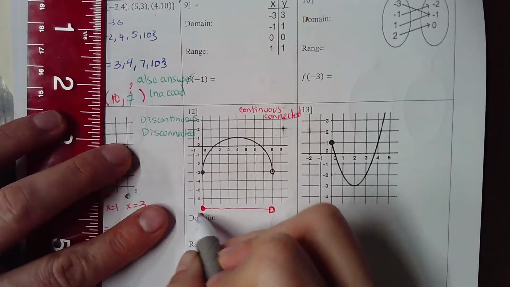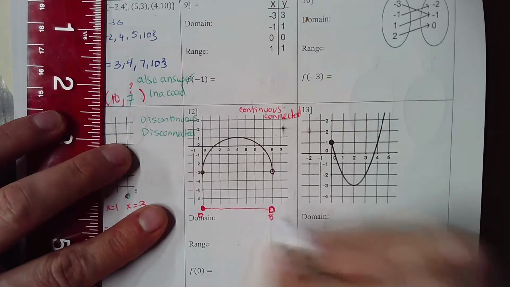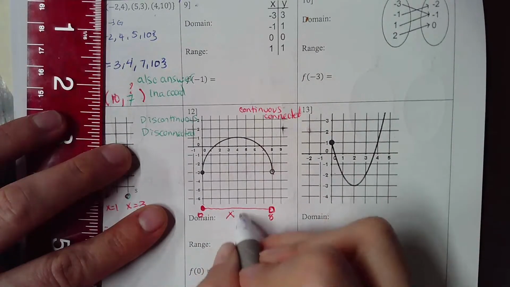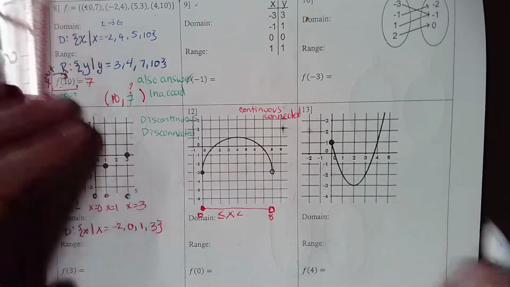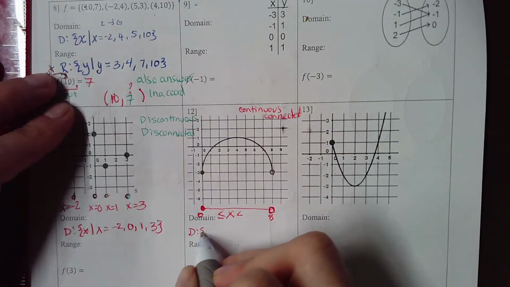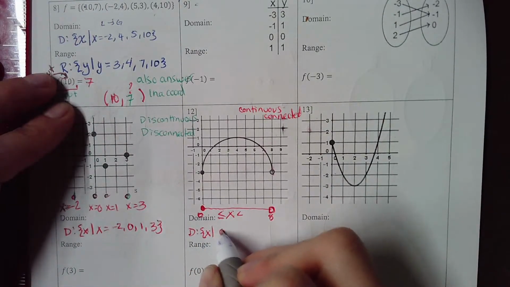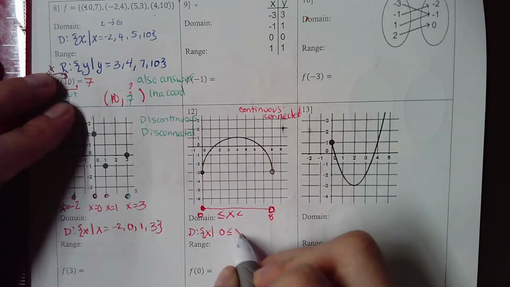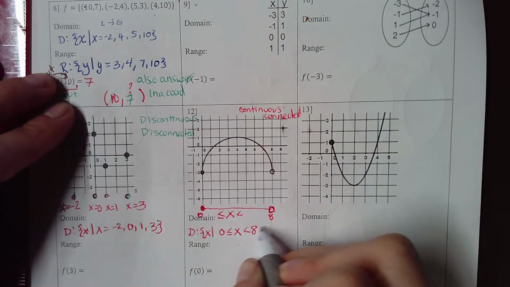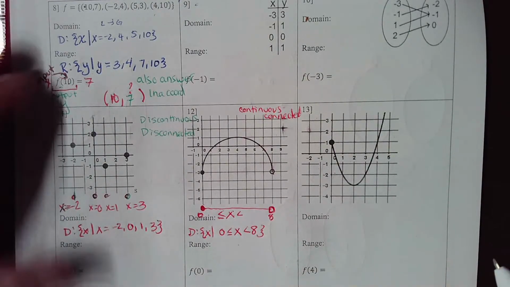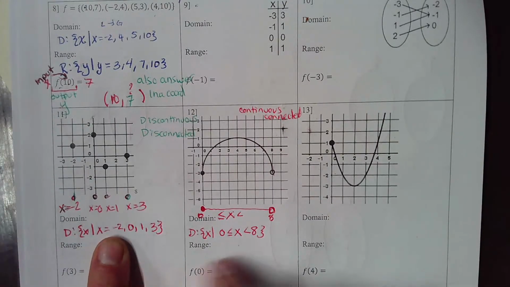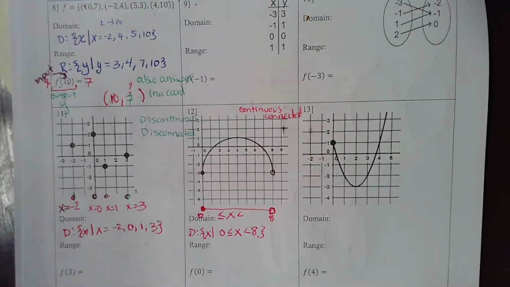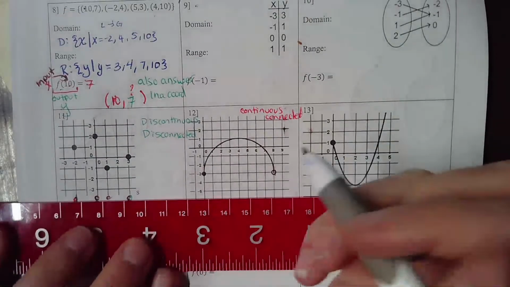This goes from 0 to 8. X is in the middle, and it can equal 0. So here my domain is the set of all X, where 0 is on the left, I shade in the middle, and 8 is on the right. Discrete or discontinuous? Continuous.